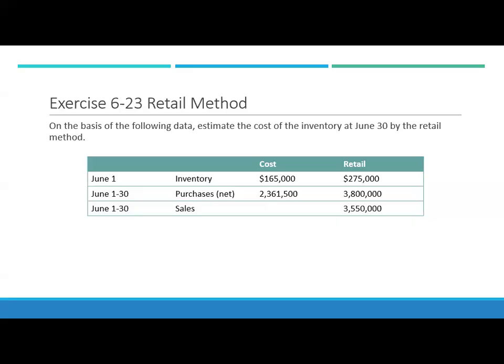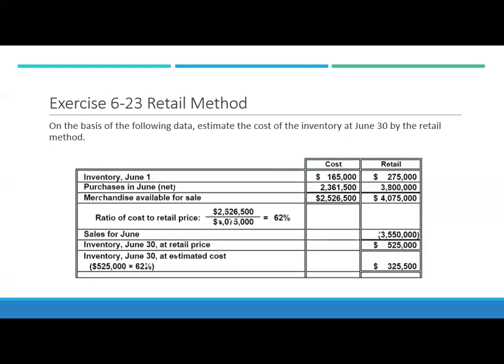And we get our total cost. We subtract our total sales. We compute our ratio of cost to retail price by taking the total retail value of merchandise available for sale, and that's the denominator. And the numerator is the cost. And then we get 62% as our cost to retail ratio.